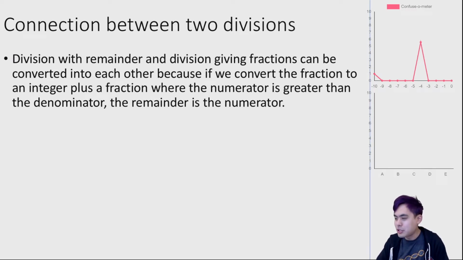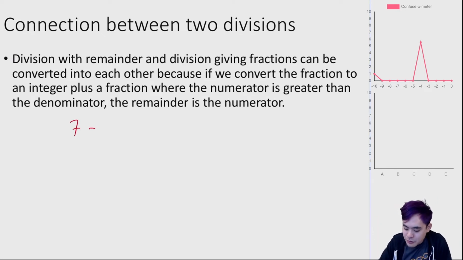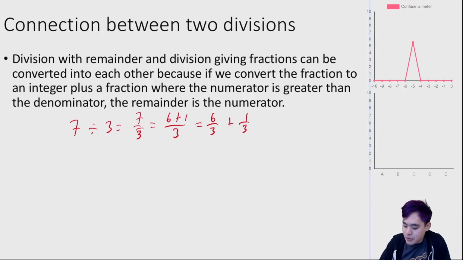So that was a lot of saying big words. What do I mean? Well, 7 divided by 3 is equal to 7 over 3. And another way of writing that is 6 plus 1 over 3, which is equal to 6 over 3 plus 1 over 3, which is equal to 2 plus 1 over 3. Right?